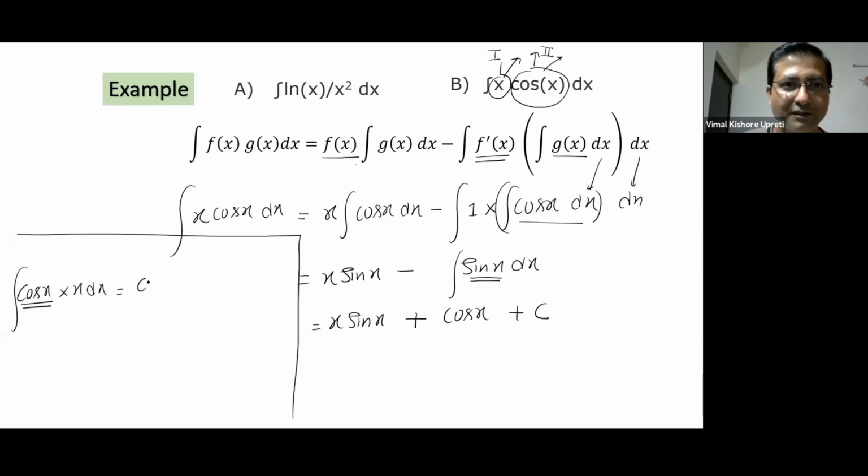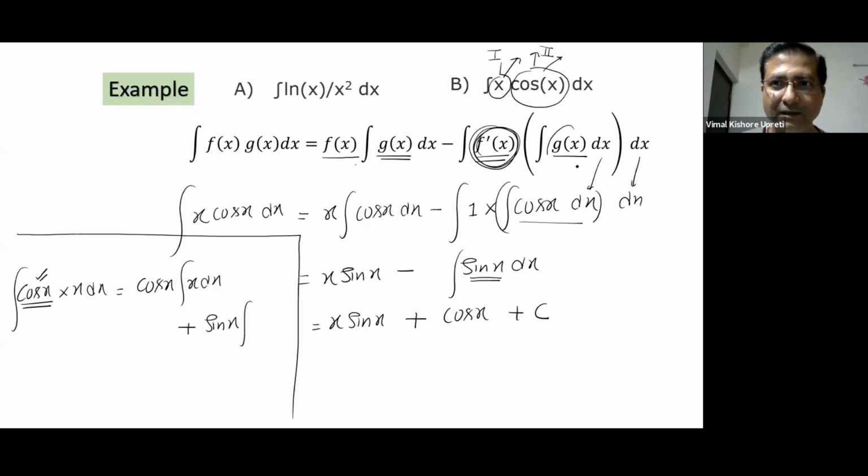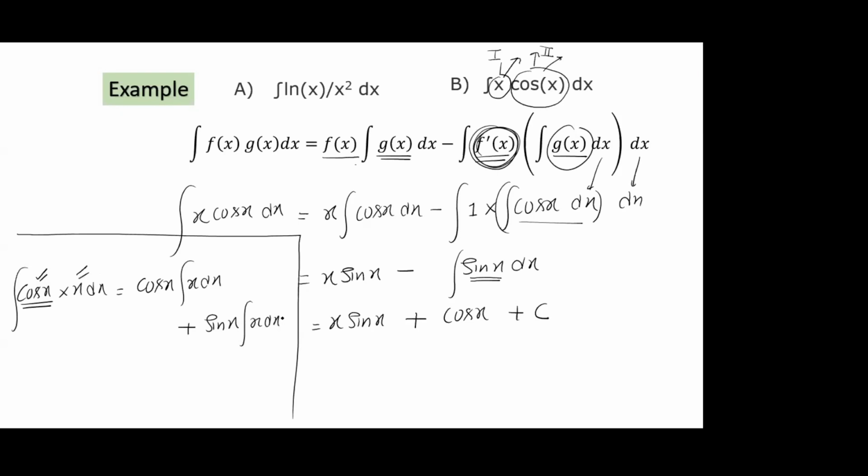So first I'll take out cos x, and I need to integrate x dx, the second term. Then the differentiation of the first function: the first function is cos x, its differentiation will give me minus sine, so plus sign, and then inside the integration I am getting g(x), which is x, x dx.